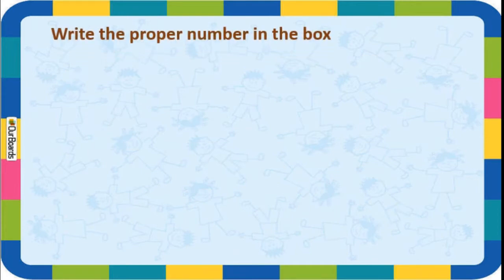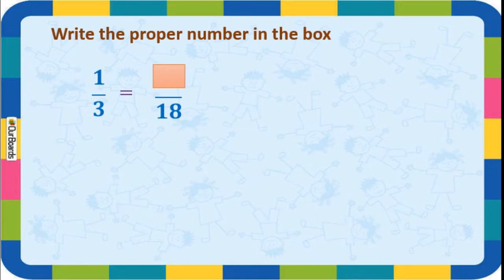Write the proper number in the box. Students, see here, 1 upon 3 is equal to dash upon 18. Means they gave 18 as the denominator because it is the equivalent. So we have to fill the box. Now this sum, like this sum we have done earlier. Okay, then also we will do one more.